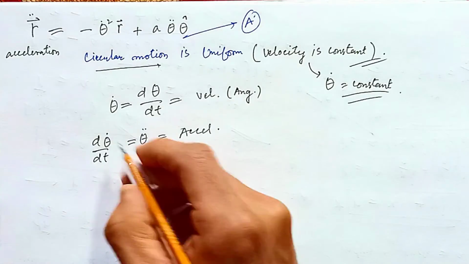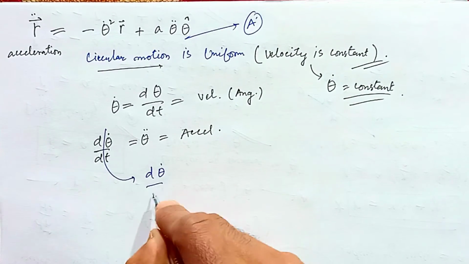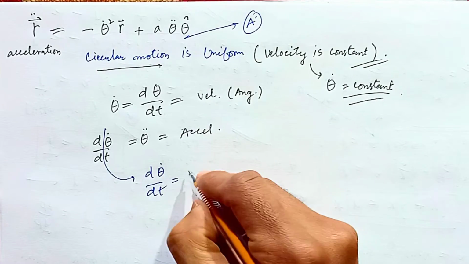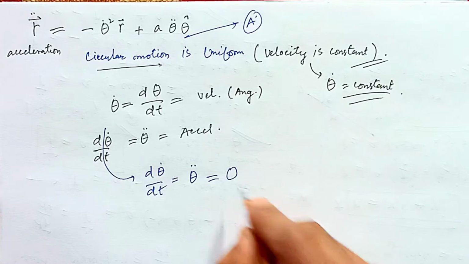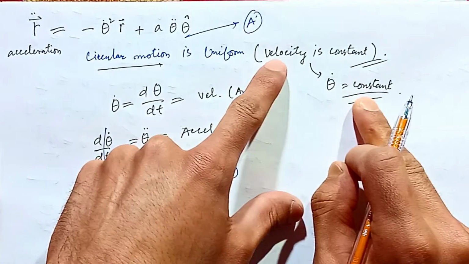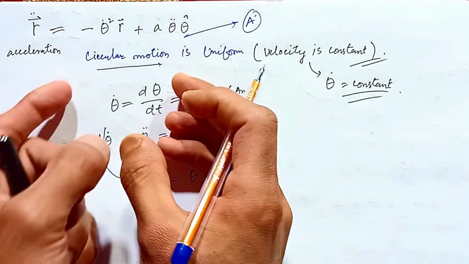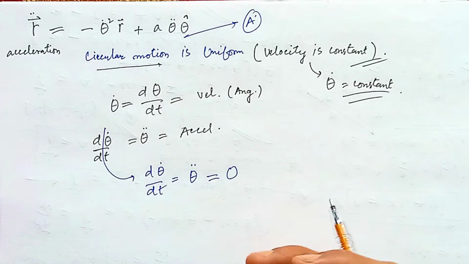That means d by dt of theta dot, theta double dot, will be 0, because the angular velocity is constant, as the particle is moving along the circular path with uniform velocity.